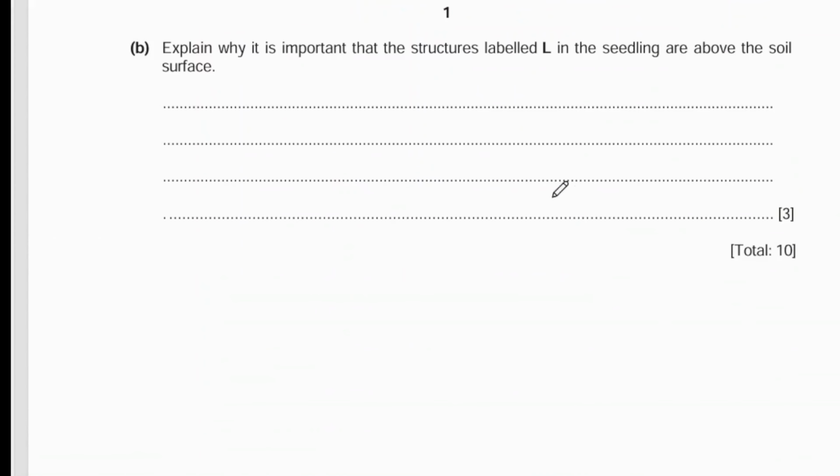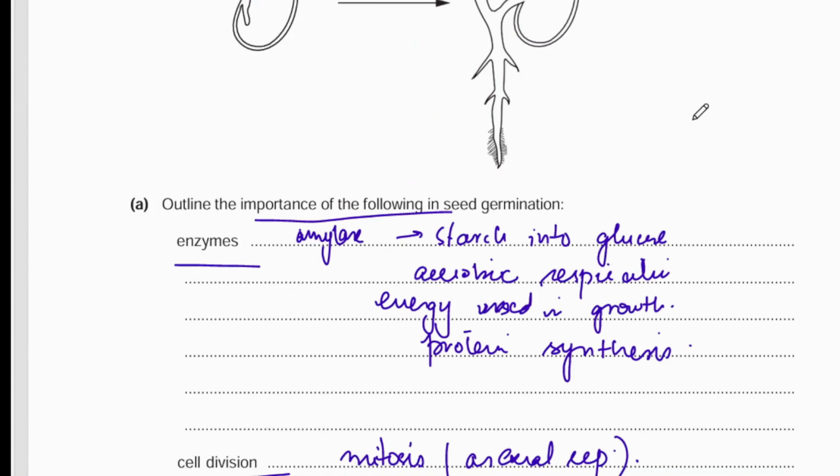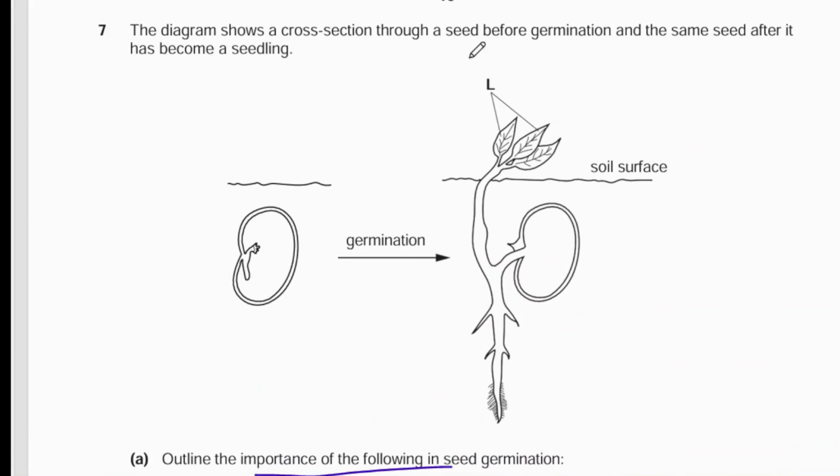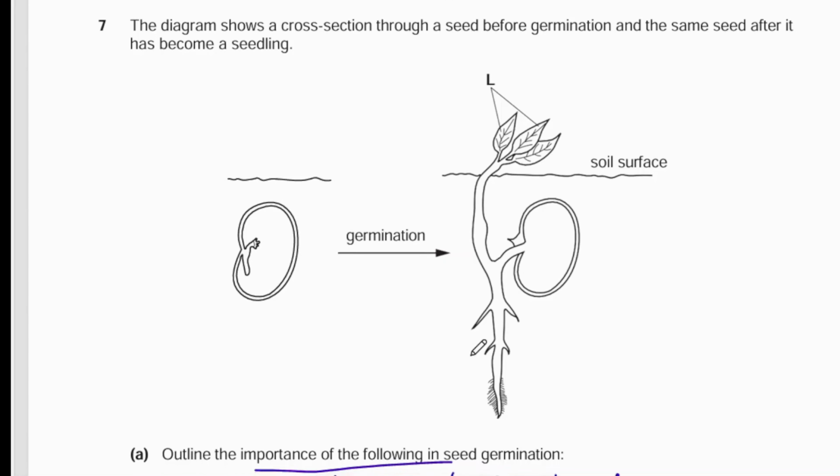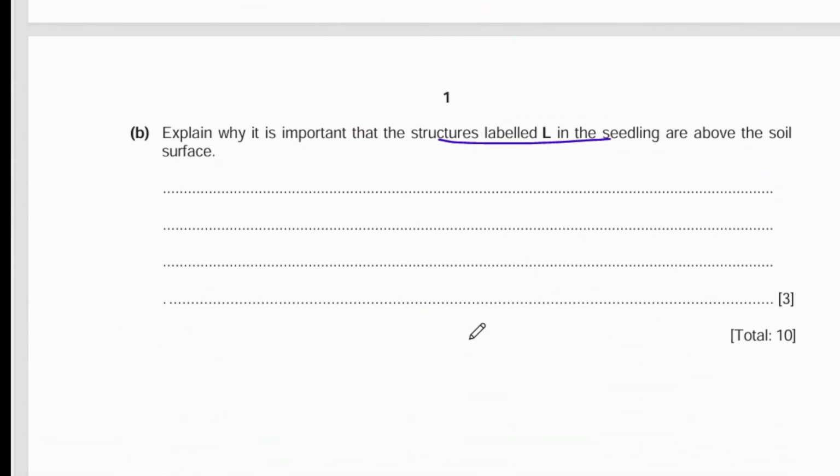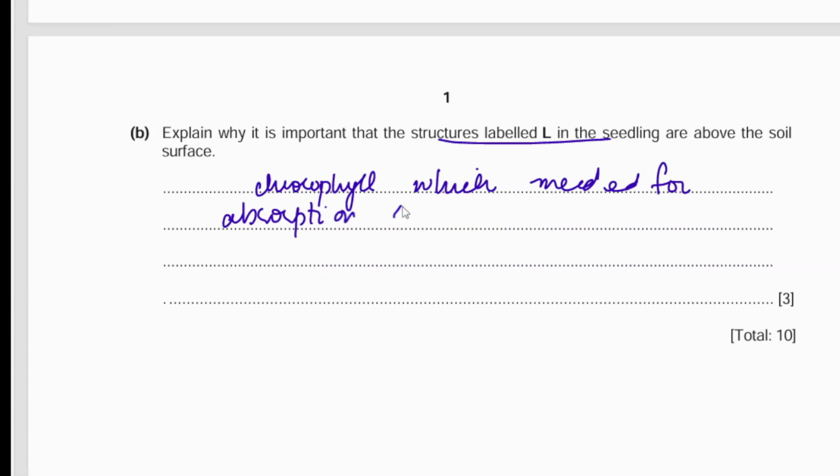Explain why it is important that the structures labeled L in the seedling are above the soil surface. Okay, this one is L, chloroplasts. They contain chlorophyll, needed for absorption of light for photosynthesis.